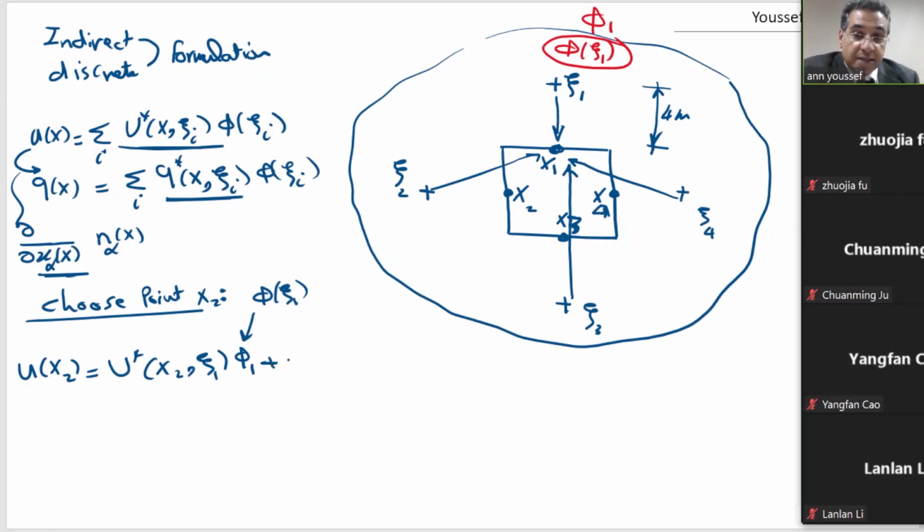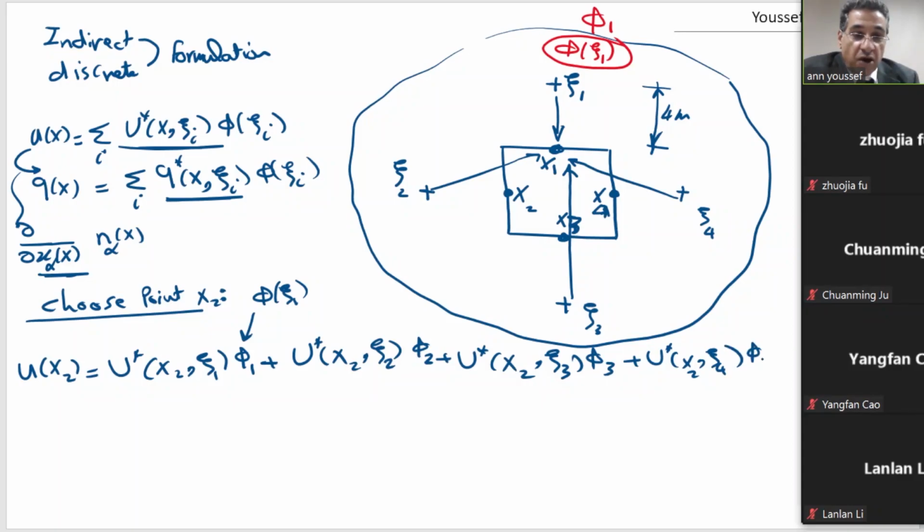Plus u asterisk between x2 and the second source, phi of xi2, which is phi2, plus u asterisk between x2 and xi3 times phi at xi3, plus u asterisk of x2 and xi4 times phi at xi4.